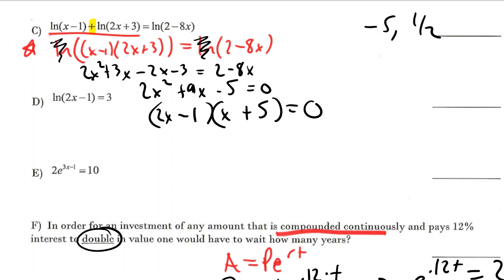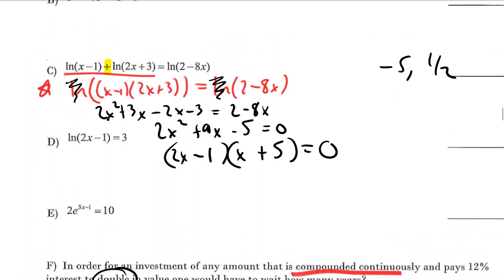However, there is one other piece to logarithmic equations, is that some of these answers could be extraneous. So my reasoning's good, my factoring's good, my solving's good, everything's fine, but some of these, or both of these, or none of these could be extraneous. So you have to imagine if you were to plug in 1/2 into the original equation, you have to make sure you're not taking the log of 0 or the log of a negative number.